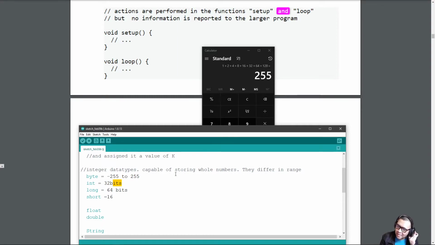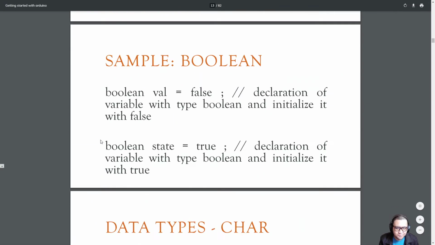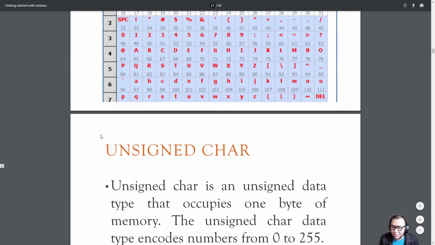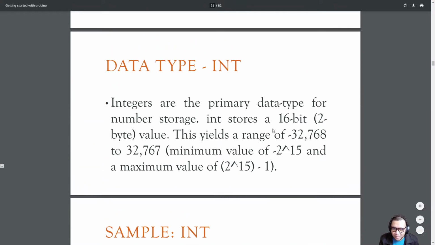Because the limit here is around 32,000 numbers. So let's say here, for example, to simplify this, this is the range.